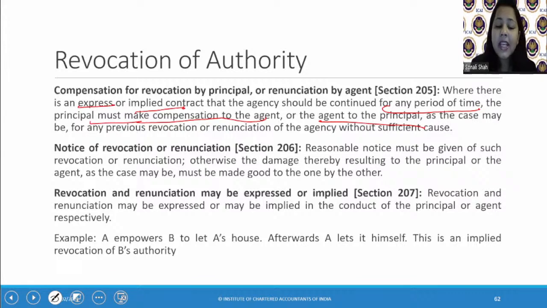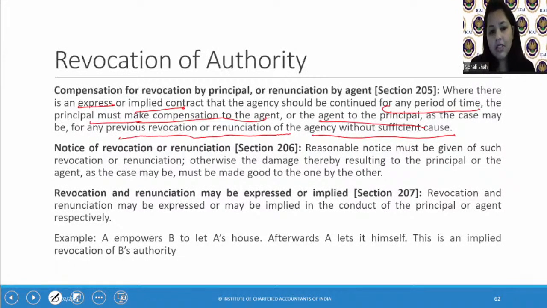So what would be the case? If the principal is revoking the authority, he will compensate the agent. If the agent is renouncing the authority, he will compensate the principal, as the case may be, for any early revocation or renunciation of the agency without sufficient cause. Now, what is this sufficient cause? Sufficient cause has been broadly and differently interpreted by courts.